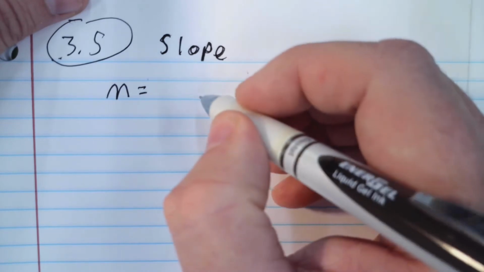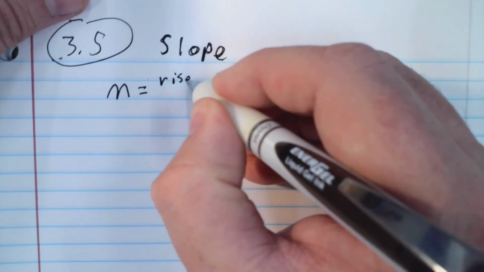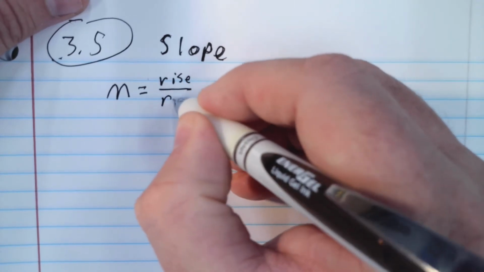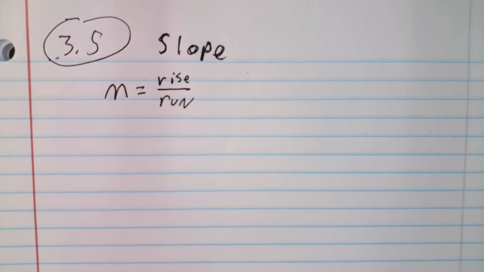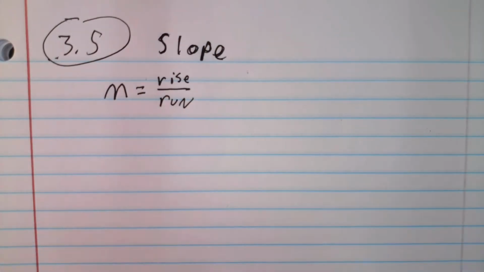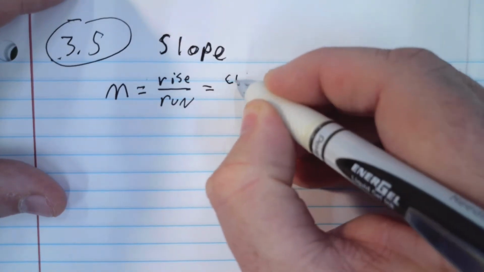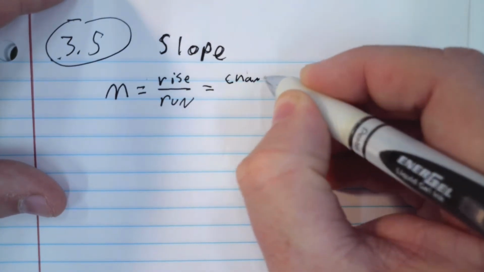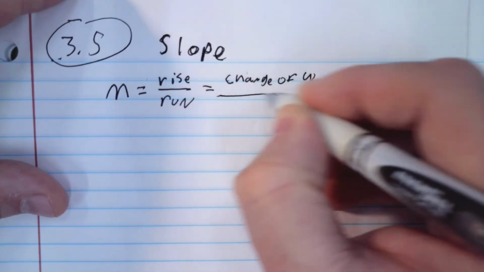M. And it's rise over run. Some people call it change of y over change in x.